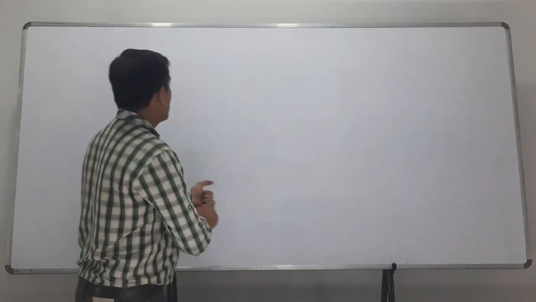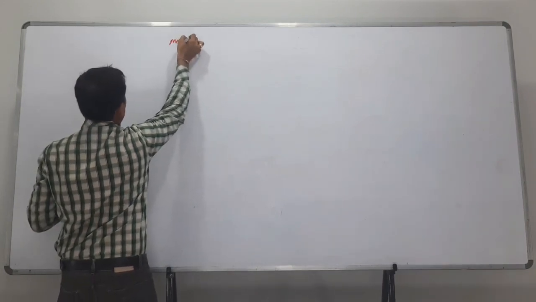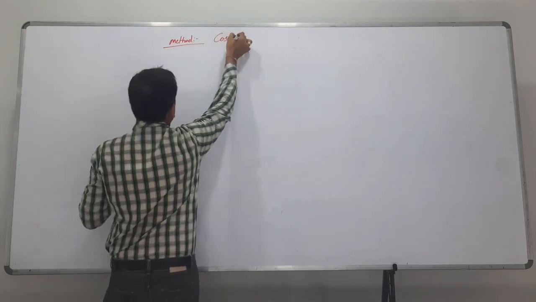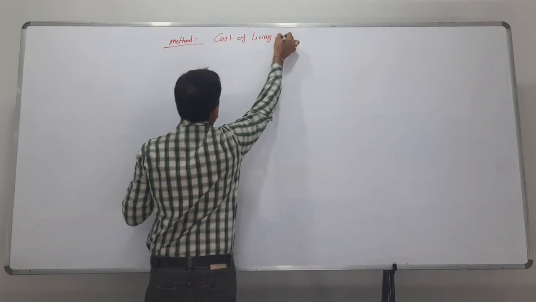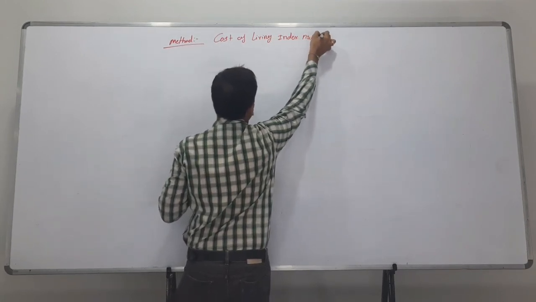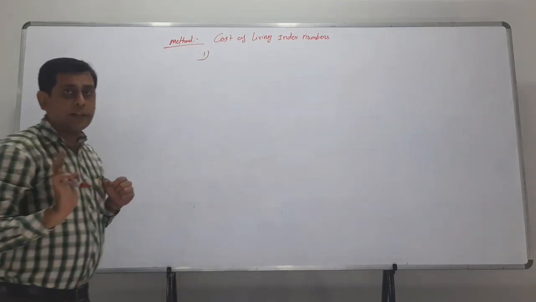See, next method is cost of living index numbers. Under that there are two methods.